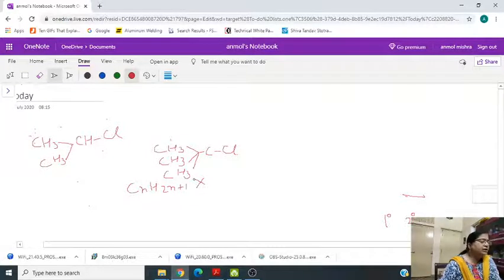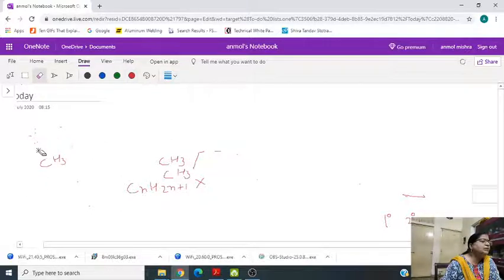Now second, under this topic, is allylic halides. What are allylic halides? Allylic halides are those halides in which the halogen atom is attached to an sp3 carbon atom and adjacent to it is an sp2 carbon atom, that is, a double bond should be present in it.